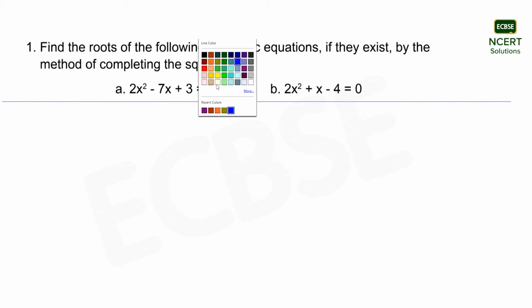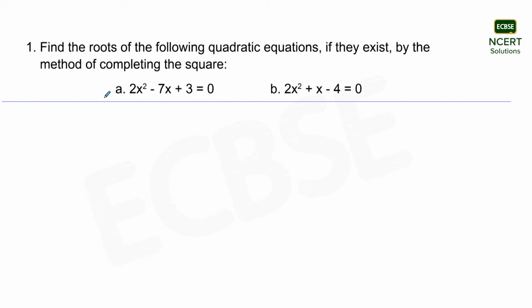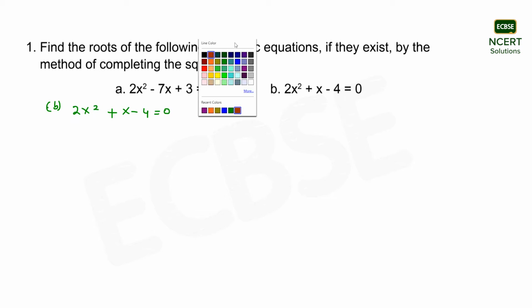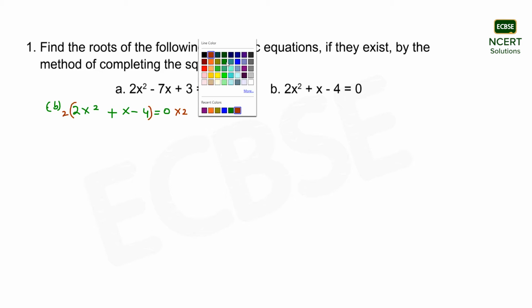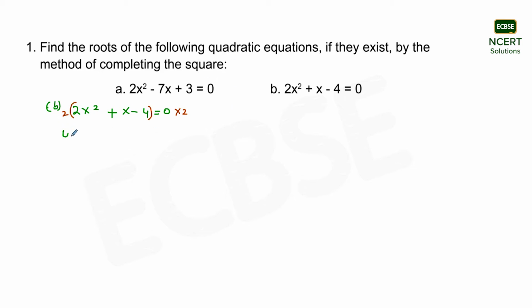Now on coming to this b part, the equation provided is 2x square plus x minus 4 is equal to 0. Again, if we observe the first term, this is not a perfect square. So again, I'll be multiplying both sides with the number 2. So on multiplying with the number 2, I'll be getting 4x square plus 2x minus 8 is equal to 0.